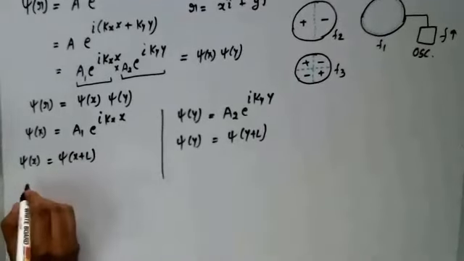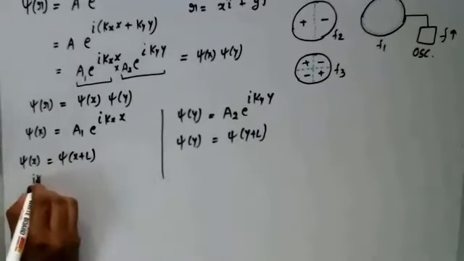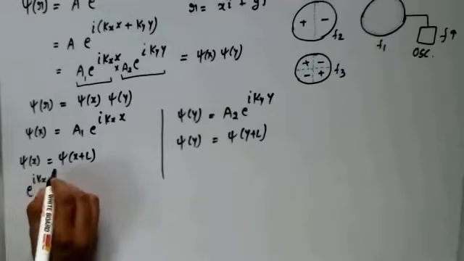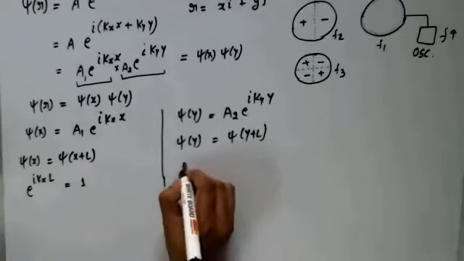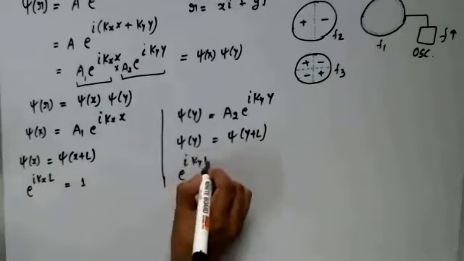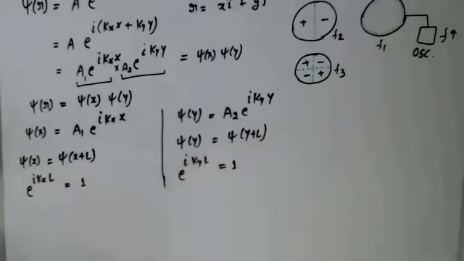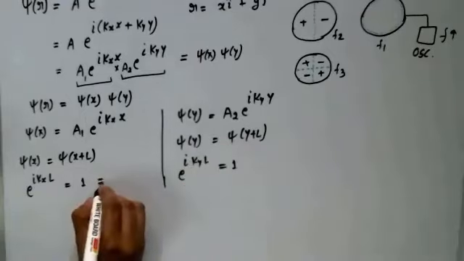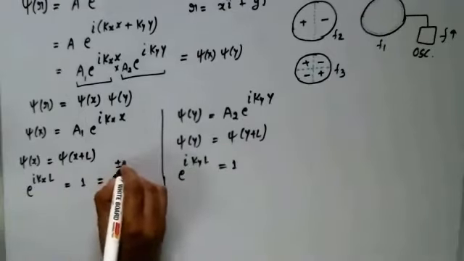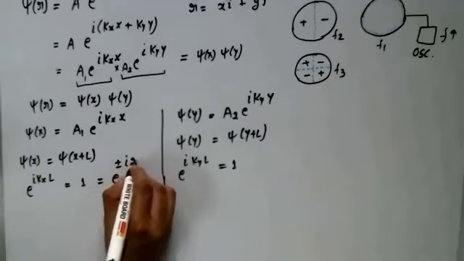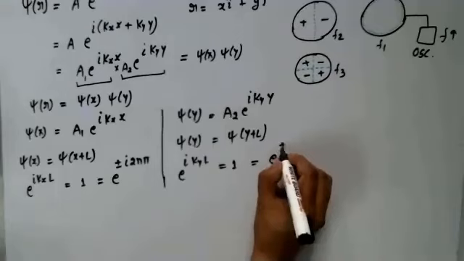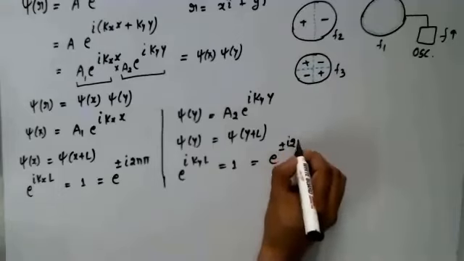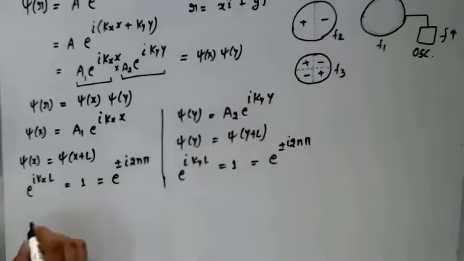So you can see that this will give us exponential iota kx l equal to 1, and this will give you exponential iota ky l equal to 1. And this you write like exponential plus minus iota 2 n pi, and here also exponential plus minus iota 2 n pi. This means the kx becomes what?